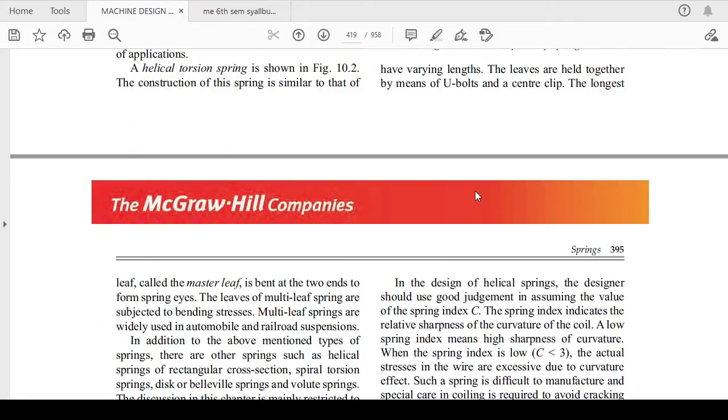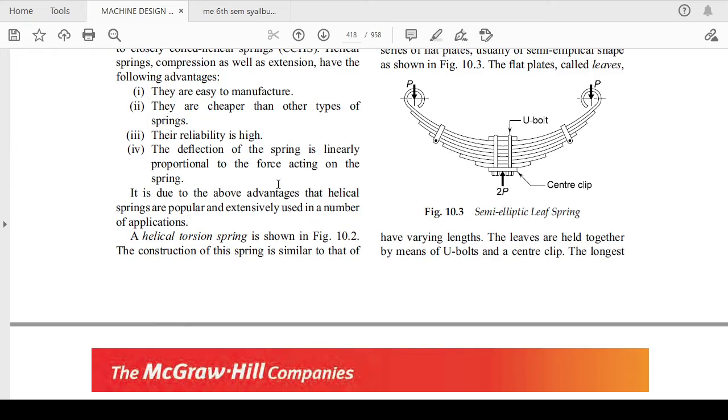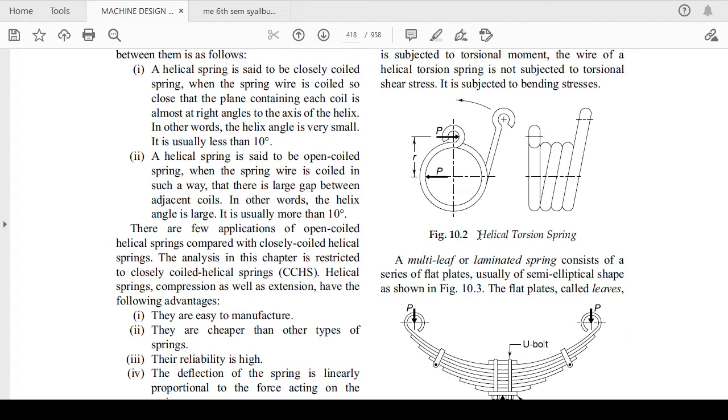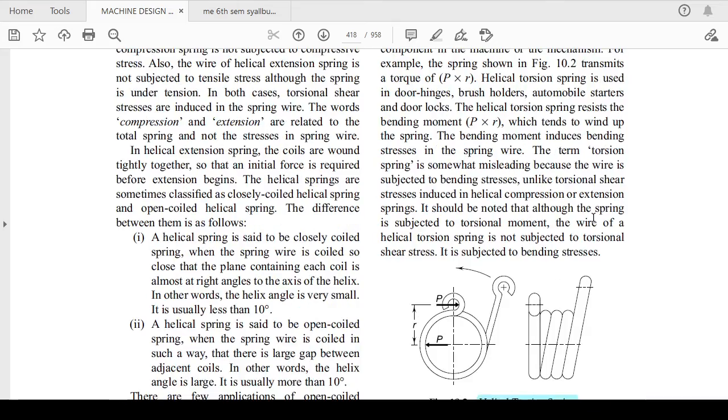After that, as shown in the figure, this is the helical torsion spring. If you apply any kind of torsional load, like here this P into R, this is called bending moment, which is going to transfer a kind of torque.